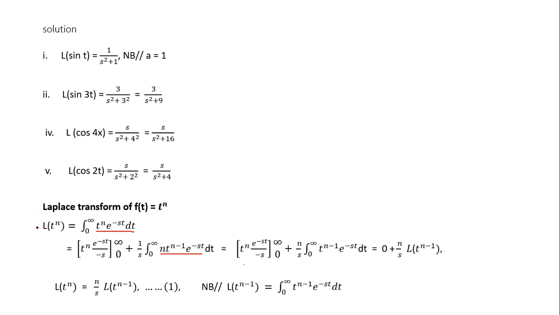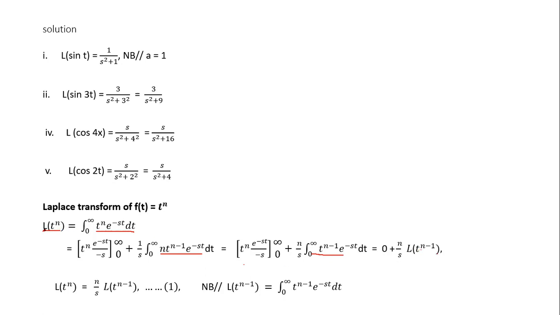When you go to the original function, we have Laplace of t power n, which gives us the integral from 0 to infinity of t power n exponential negative st dt. So if inside here we are also getting the integral from 0 to positive infinity of t power n minus 1 exponential negative st dt, then you can now write this one as Laplace of t power n minus 1. I hope you are getting this point.